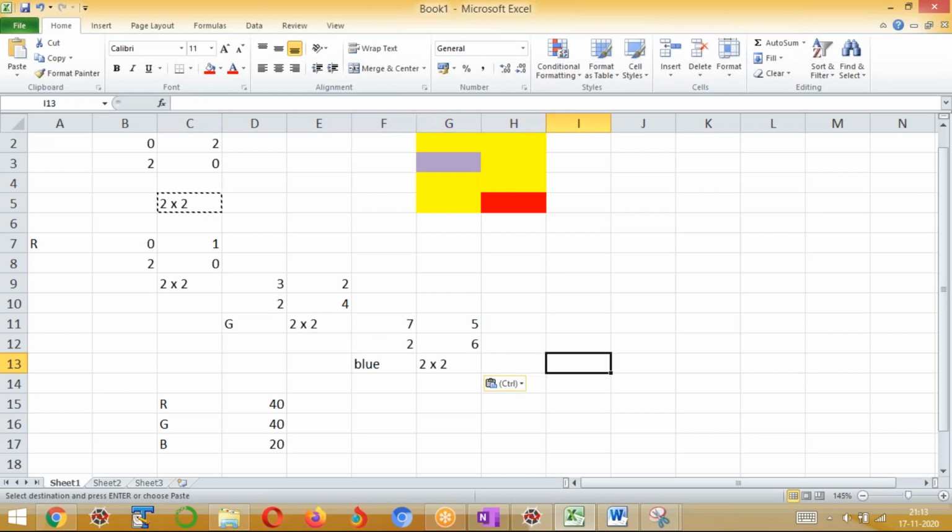So 2 2s are 4, and 4 into 3 is 12 number of pixels. Understood? 4 plus 4 are 8, and 8 plus 4, 12. So totally 12 pixels.